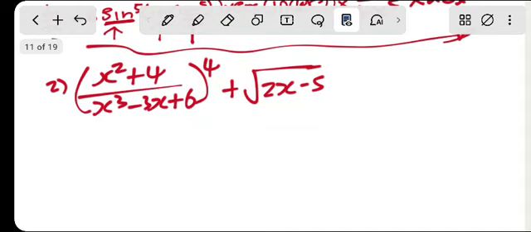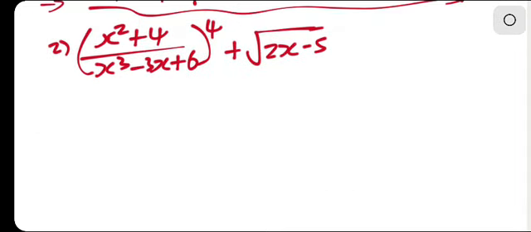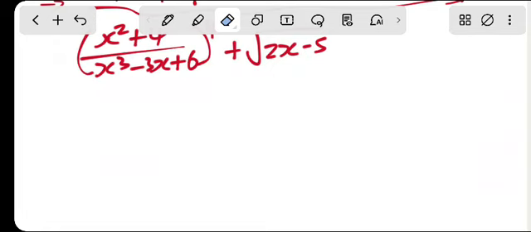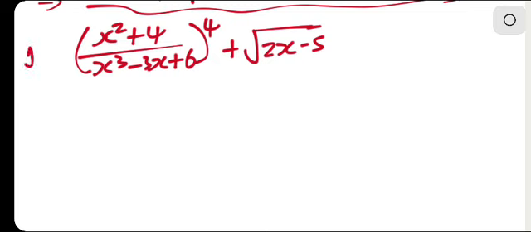Then we're supposed to find this. I can call this y. Y will be equal to this.